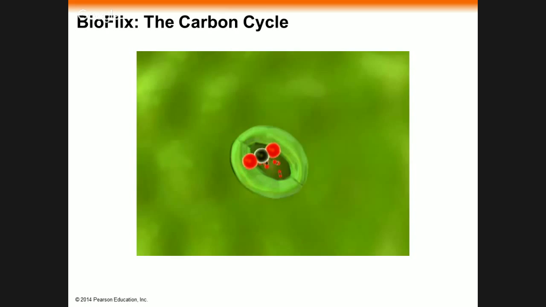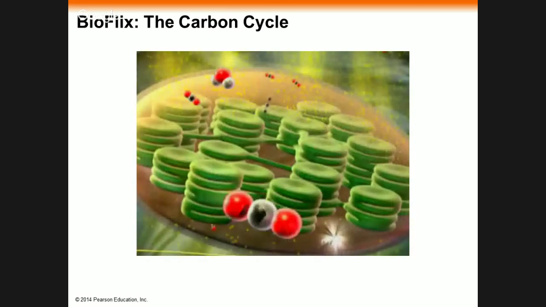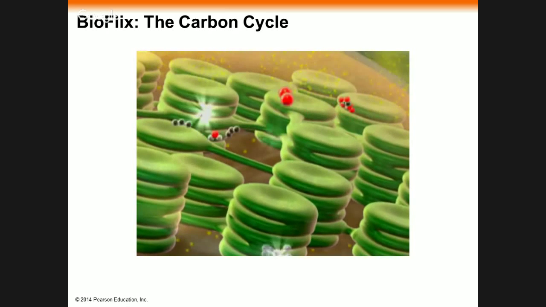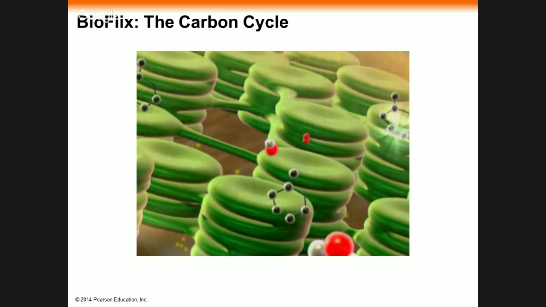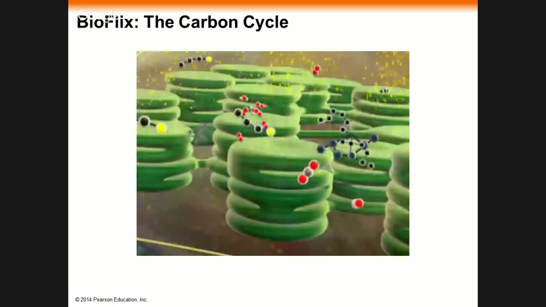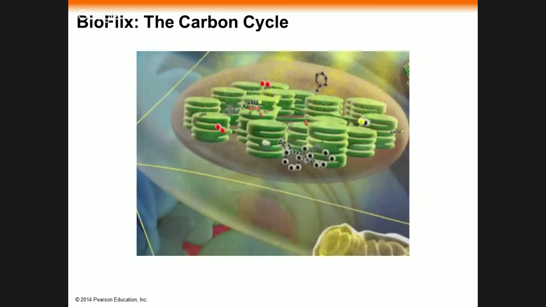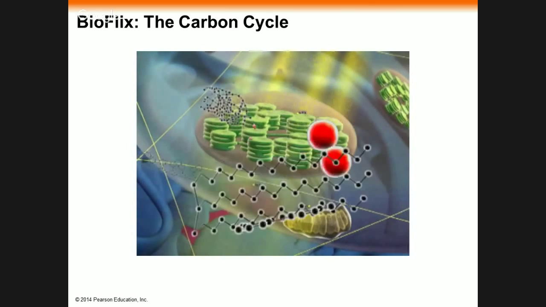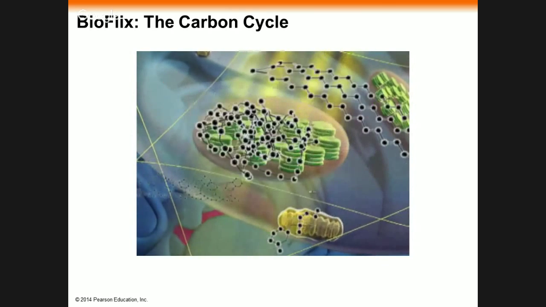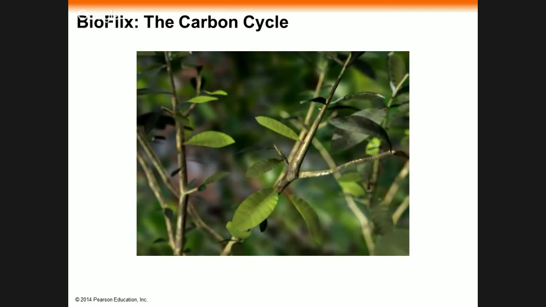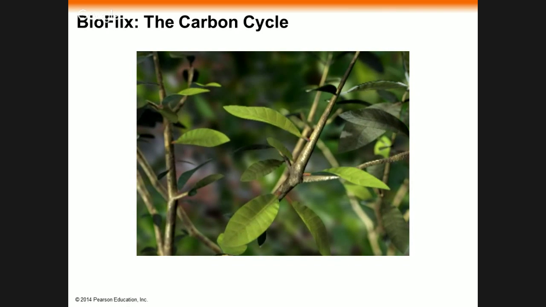Carbon dioxide enters a leaf, moves into a cell, and goes into a chloroplast. There, in the process of photosynthesis, carbon dioxide is used to make sugar molecules. The sugars can be used to build larger carbon-containing molecules: carbohydrates, lipids, proteins, and nucleic acids. In this way, carbon that was in the air is now part of the plant.